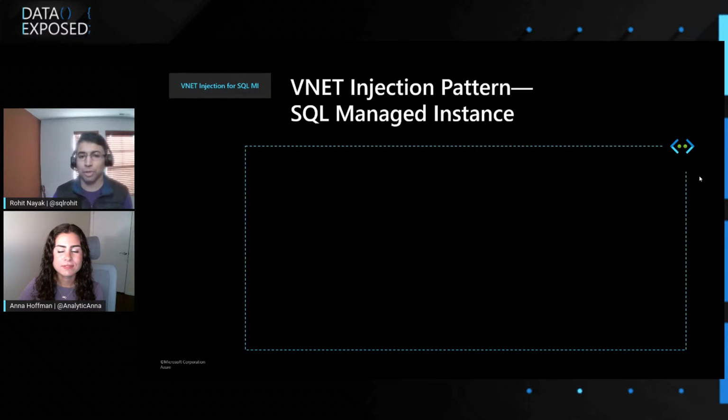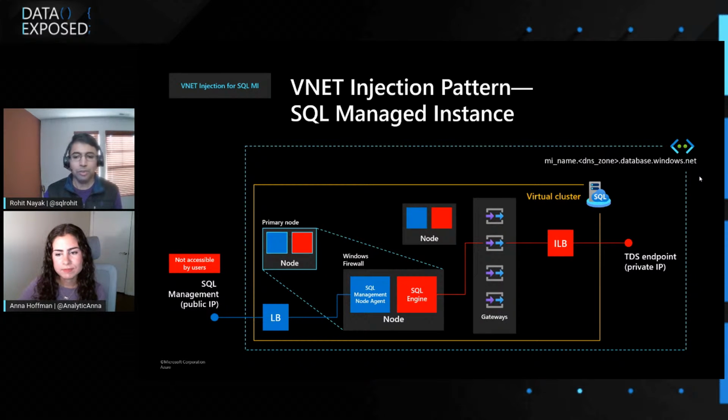And this is exactly what managed instance did. This blue bounding box I'm showing here is just a representation of a VNet that is owned by the customer. And then what we did was we took all these various components, and that goes back to the question we got on the chat: we have these gateways and we have the backend nodes, and this is exactly the same architecture.